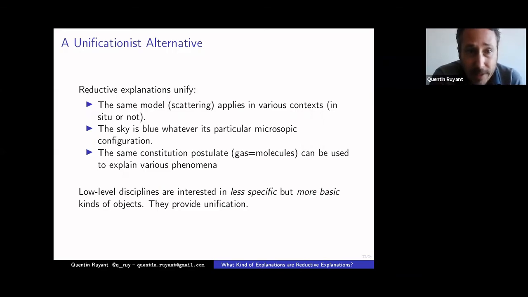So the idea is that low-level disciplines are interested in less specific objects. Physics is interested in matter in general, not specific kinds of objects, but also in more basic kinds of objects. Usually they're interested in small objects, and bigger objects are explained by statistical aggregation, something like that. And in this sense, they provide a kind of unification.